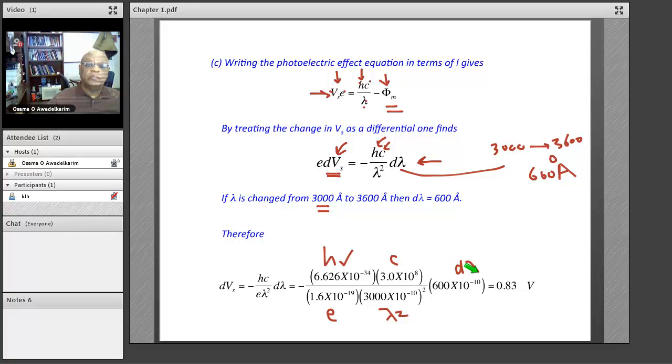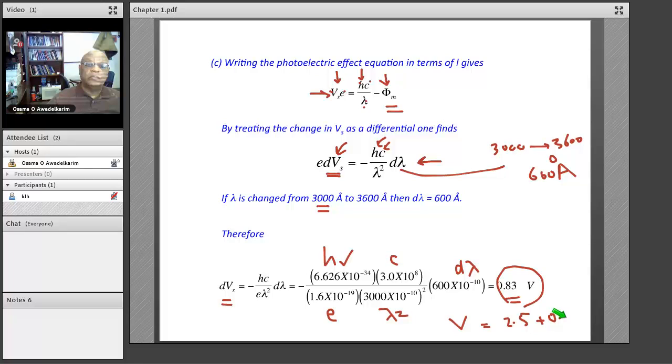And what do we get? We get 0.83 volt. That's the change in Vs. So the new Vs should be 2.5 plus 0.83.